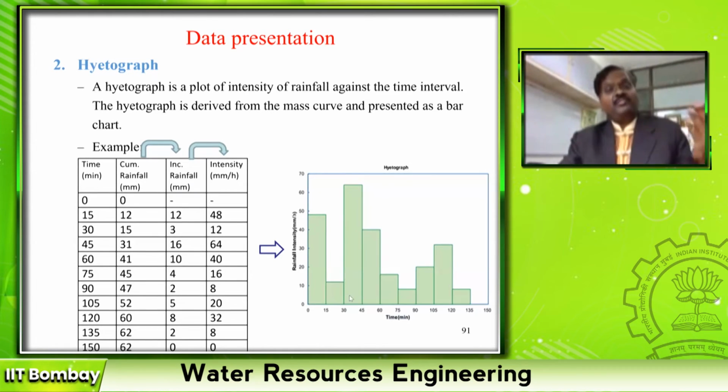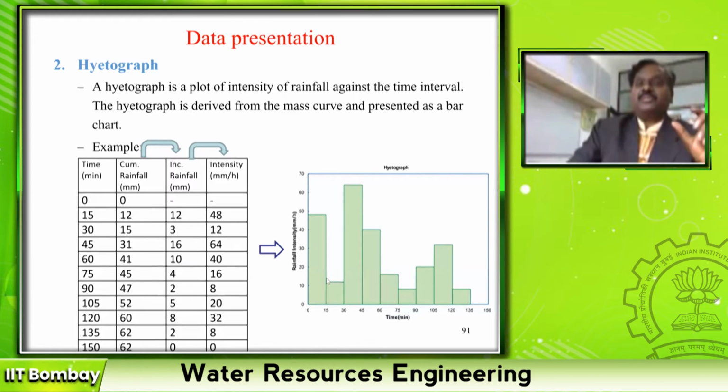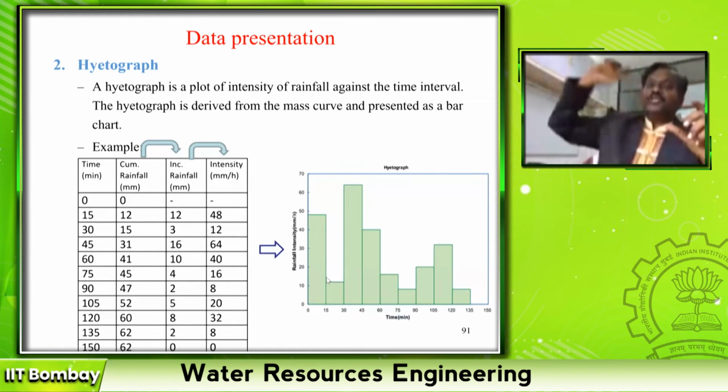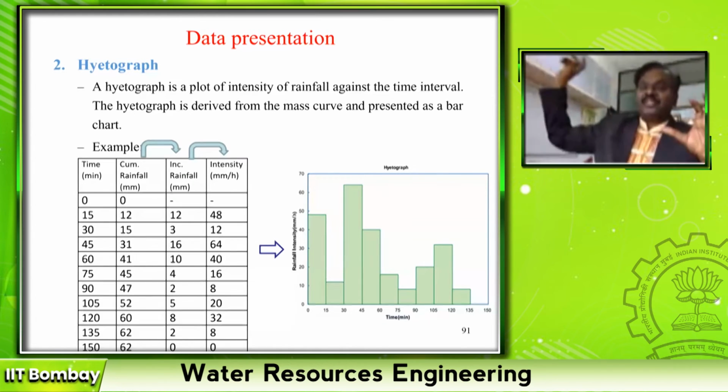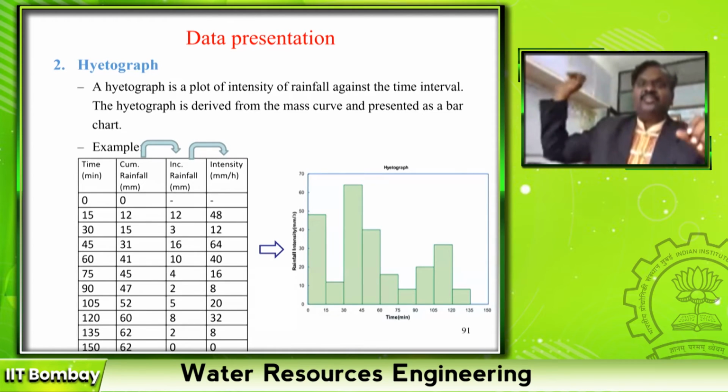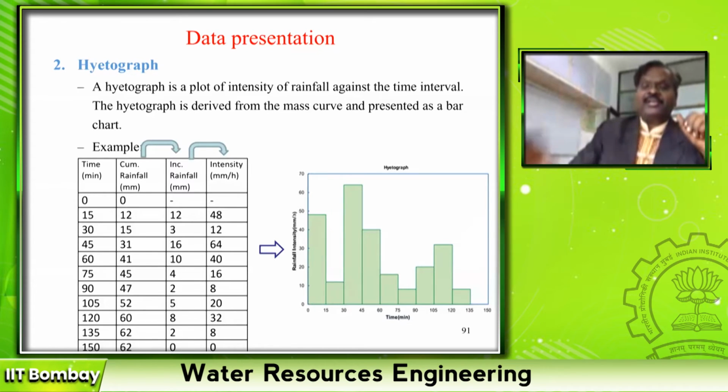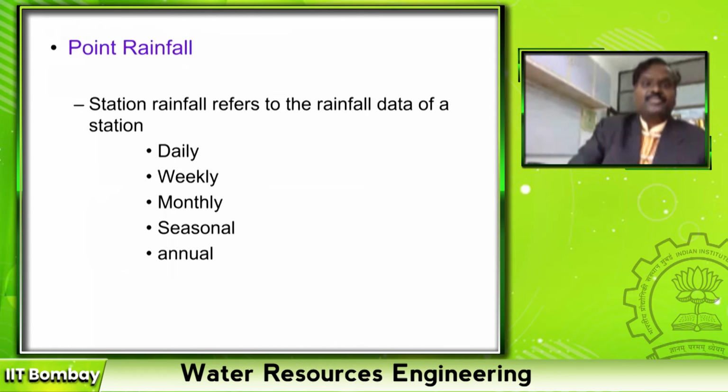These are all ways of presentation, but you have to understand them because they are very useful in later chapters like runoff estimation, infiltration estimation, evapotranspiration estimation, and how the hyetograph and rainfall intensity diagrams are used. So the rainfall can be represented as a rainfall mass curve or hyetograph.